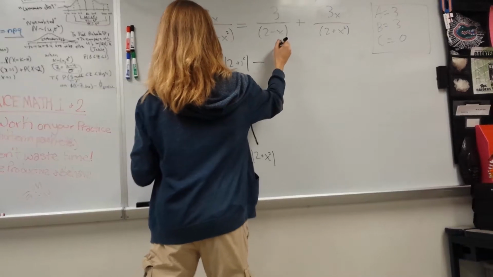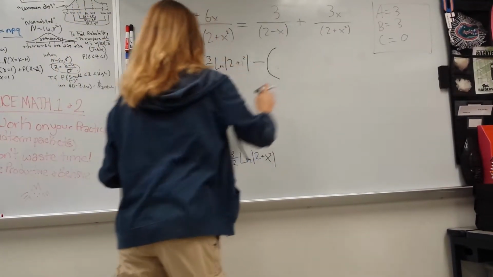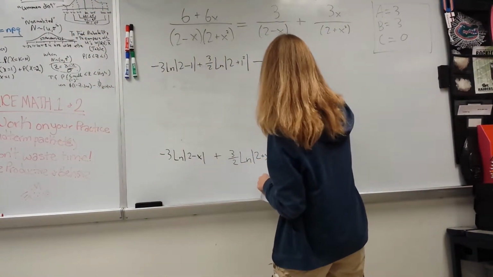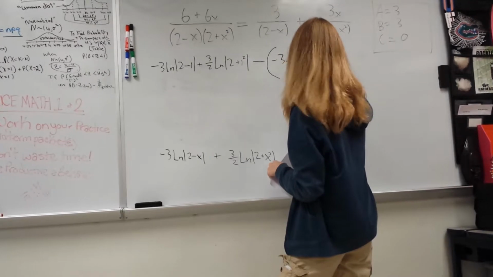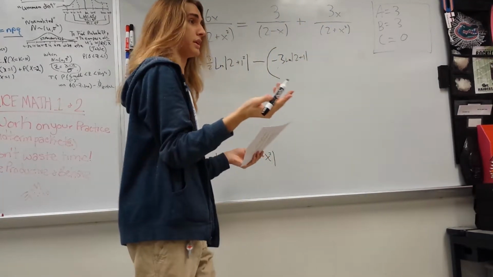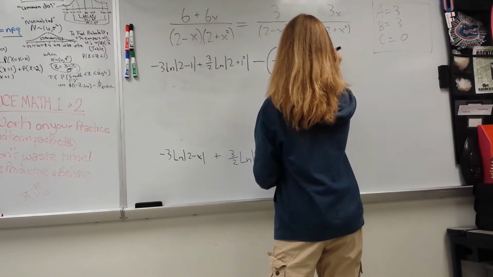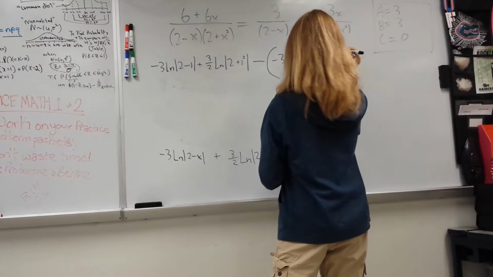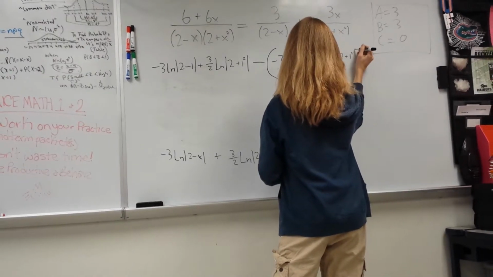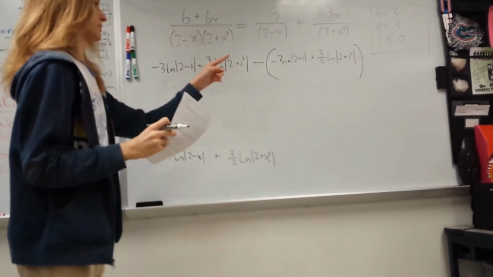Then minus, in parentheses, because the minus has to carry through the entire thing, -3 ln of 2 plus 1, because it's minus negative 1, and then plus 3/2 ln of 2 plus 1 squared. Close parentheses. So now that's what we're doing.